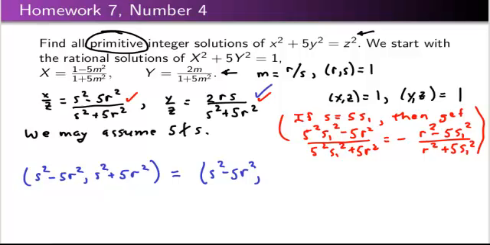So using the invariance property, I'll add the first number to the second number, and we get 2s squared. And then you'll have two cases. In one case, this is an even number, and you'll get a 2.